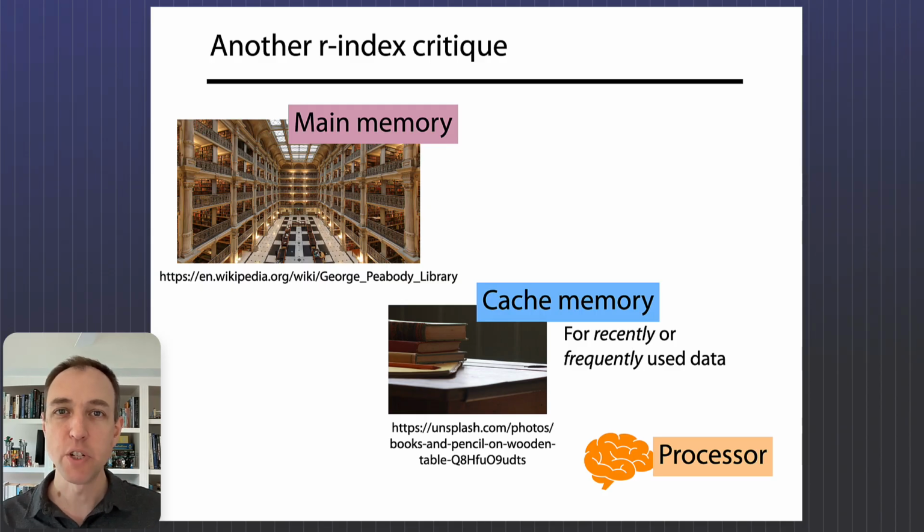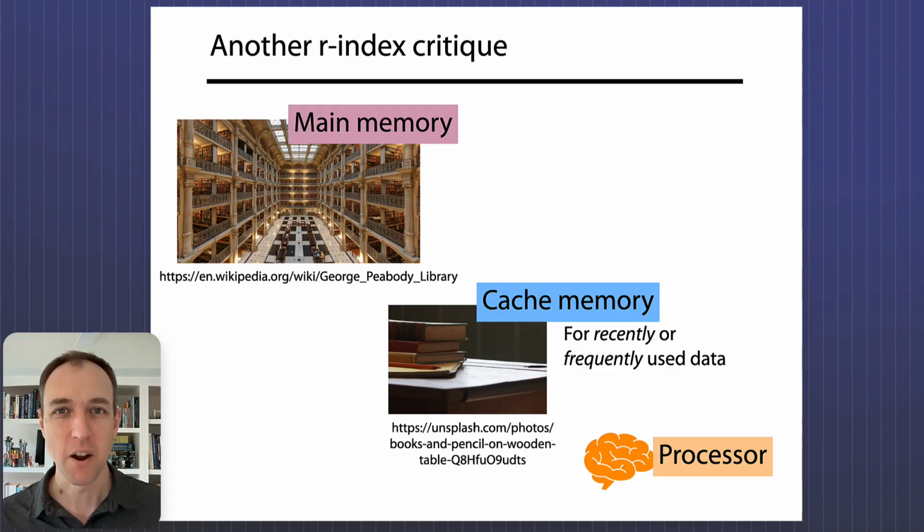I'm using a visual analogy on this slide. If you're in the library and you are studying and you need some books, maybe what you would do is first look up where those books are, bring those books back to your desk, and now you can read those books and switch between them and study them. And it doesn't take long to switch from book to book. But if you suddenly find that you need a new book, right, you have to track down one of the references in the book that you were just reading, and it's not on your desk, well, now you have to go back to the library, right?